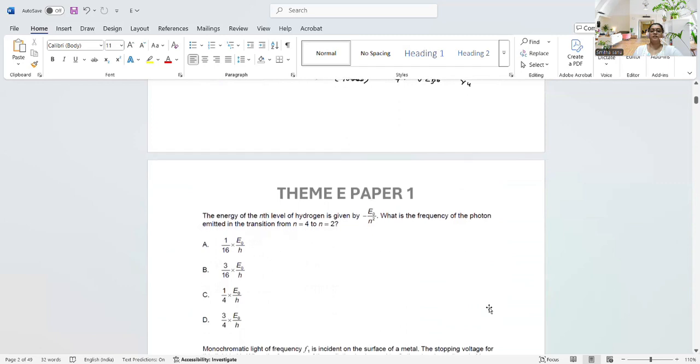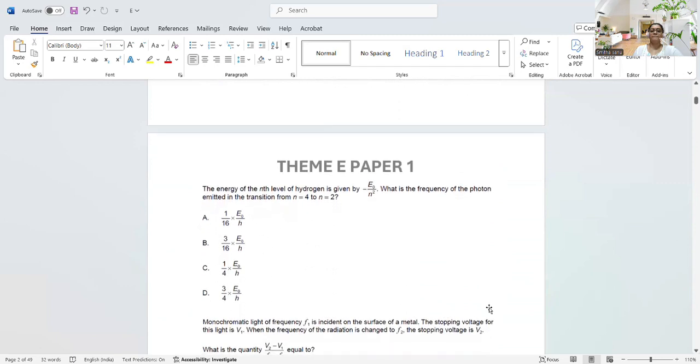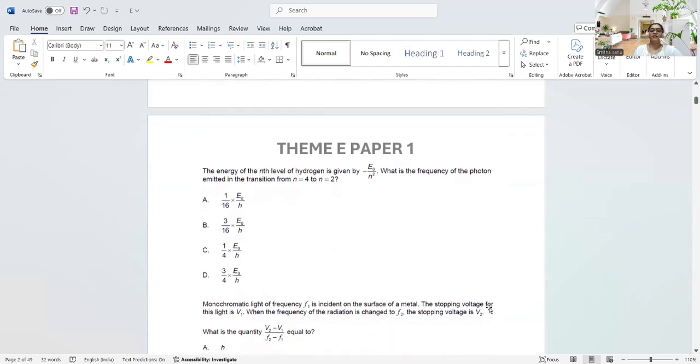Let's take it further now. The energy of the nth level of hydrogen is given as. So if you look at the hydrogen atom, in the theory, it is derived very clearly that the energy of the nth shell is nothing but minus E0 over n square, where n is the orbital number.